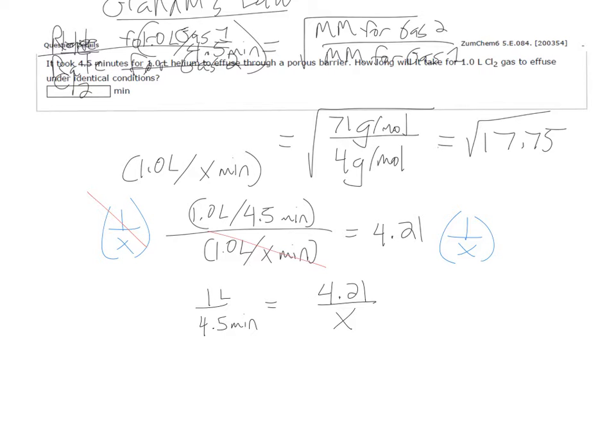And here, if you cross multiply, you'll end up with the right answer. X works out to be, in this case, 18.9 minutes. That is the time it takes for chlorine to effuse an identical volume of helium if it takes helium 4.5 minutes.